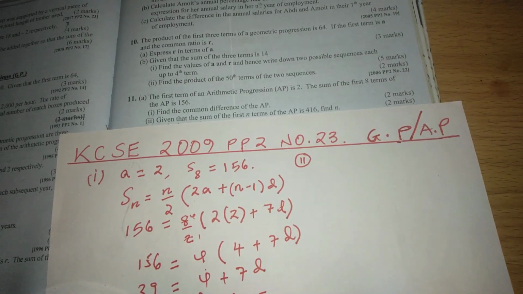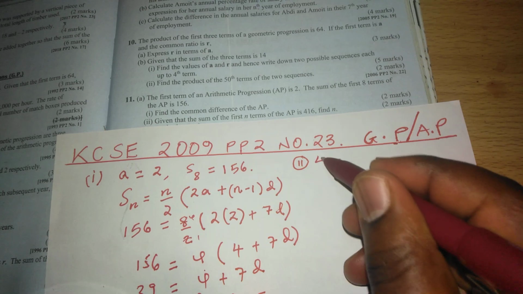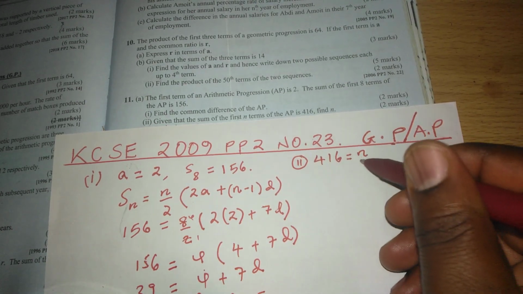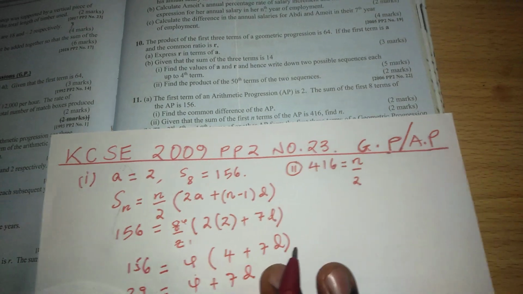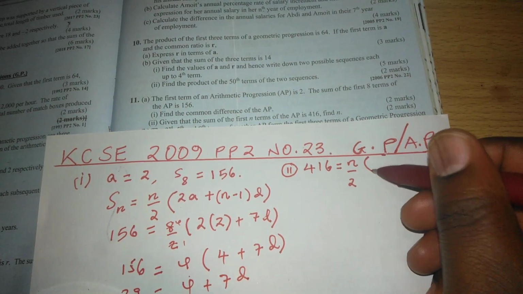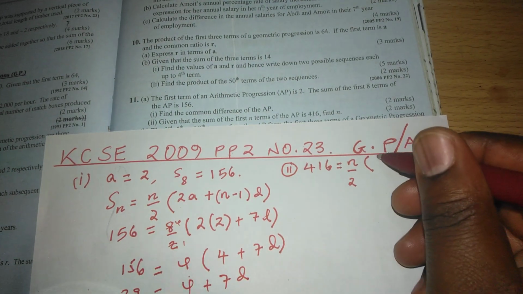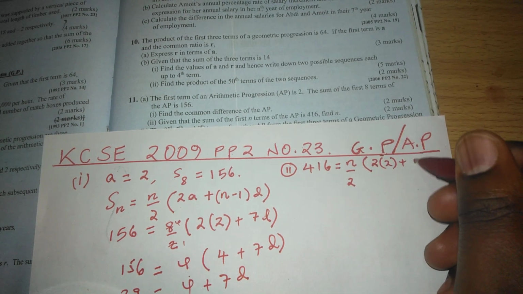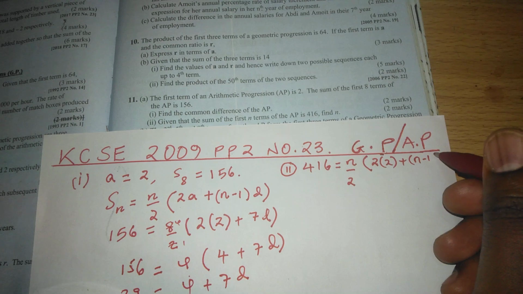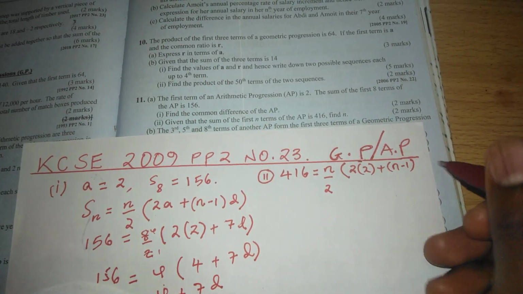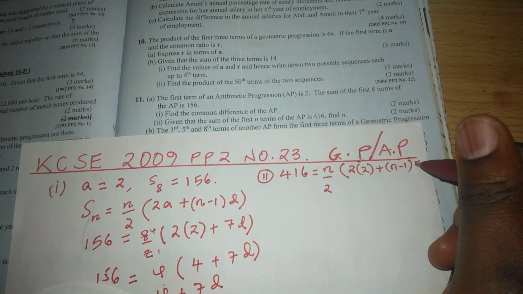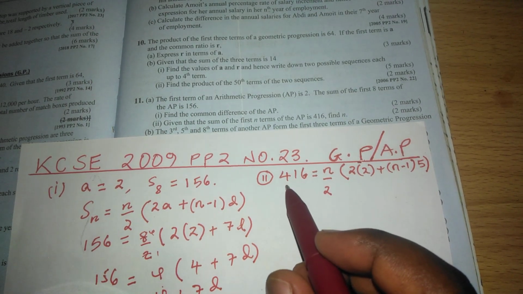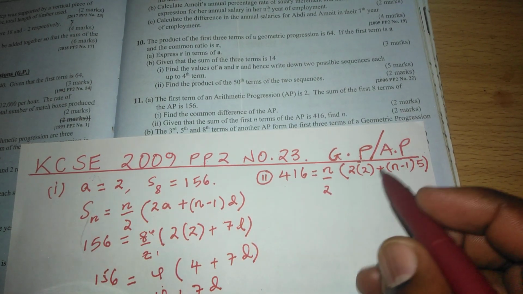So we can now say that 416, the sum of a given unknown number of terms, equals n out of 2 here, divided by, we are applying the same formula, 2 multiplied by a, which is 2, plus n, which is unknown, minus 1, we multiply this by d, already calculated as 5. So we can multiply by these 2, so that we do away with the denominator.